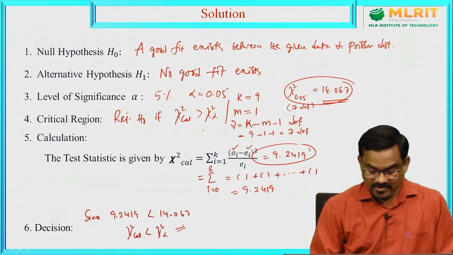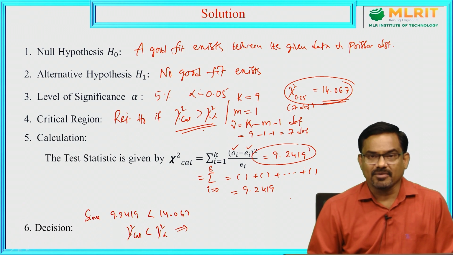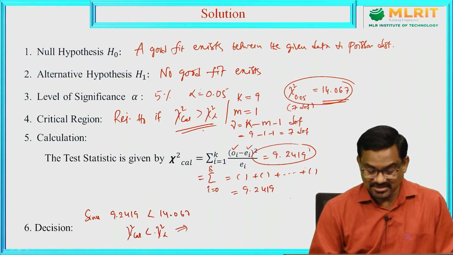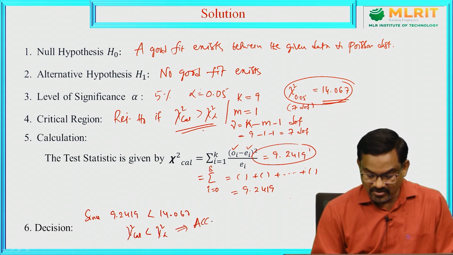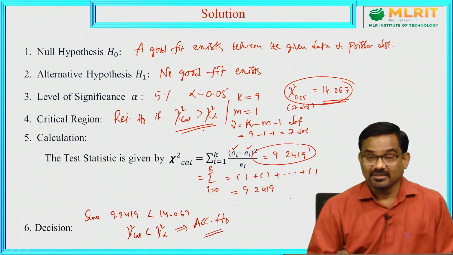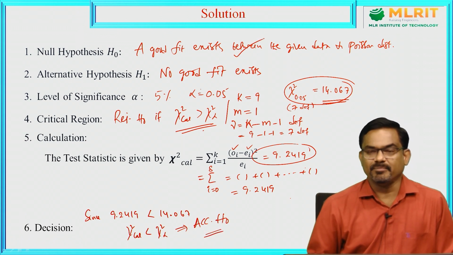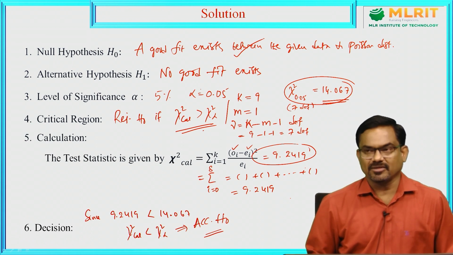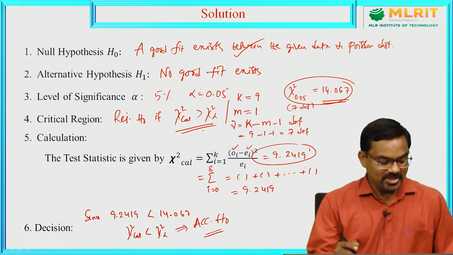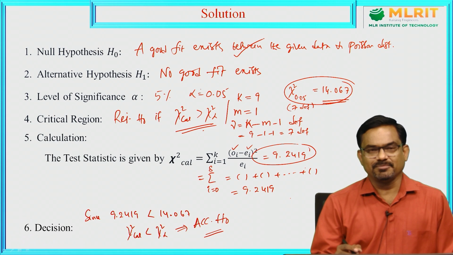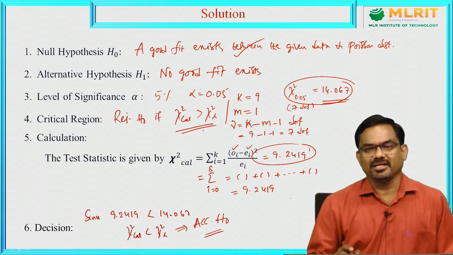If the calculated value is greater than the tabular value, we reject the null hypothesis, but here we got less than, so we cannot reject the null hypothesis. Hence, we accept the null hypothesis H naught, that there exists a good fit between the given data and Poisson distribution. So this is the final conclusion, and the goodness of fit test is used to test whether a good fit exists between the given data and the theoretical distribution.